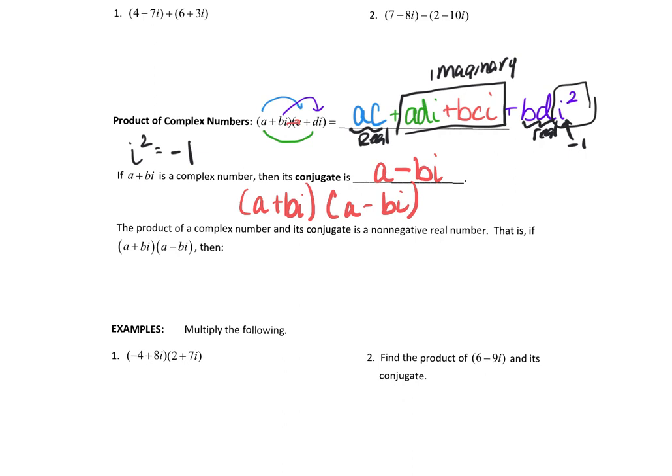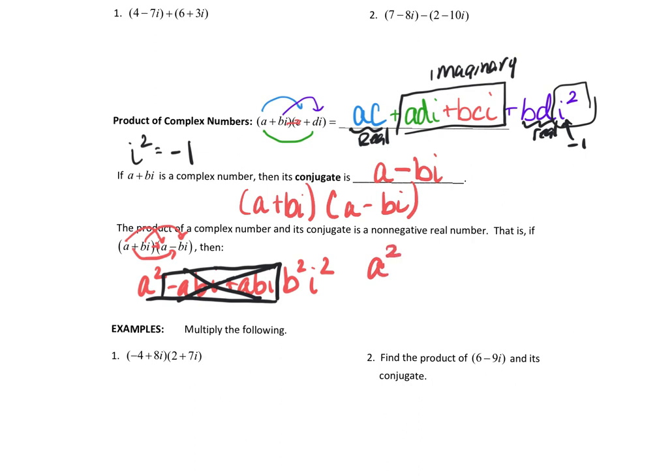And when you multiply that, here's what happens: you're going to get A squared, a negative ABI, a positive ABI, and then you get this B squared I squared. Well, notice these are the exact same terms, so they're going to cancel, and you're left with A squared.